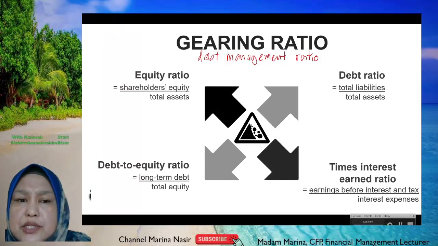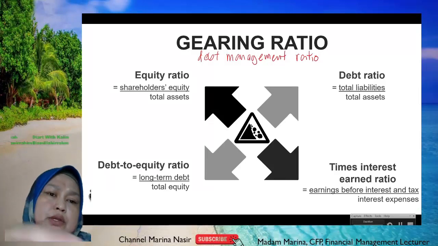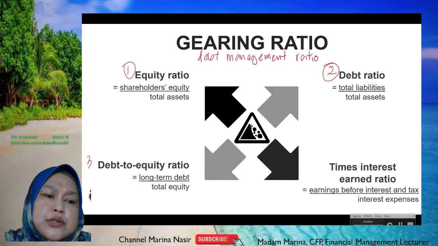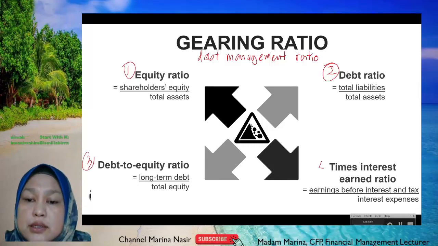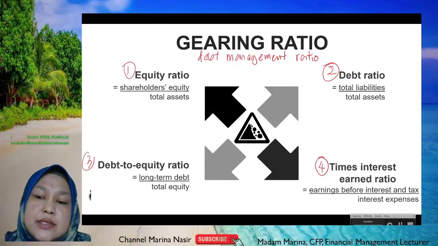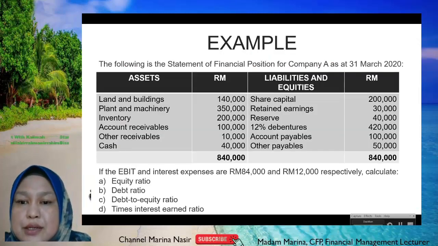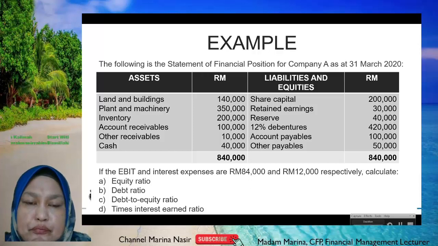In the debt management ratio, we have 4 ratios. The first one is equity ratio, the second one is debt ratio, the third one is debt to equity ratio, the last one is time interest earned ratio. We still use the same financial information data for SOFP.